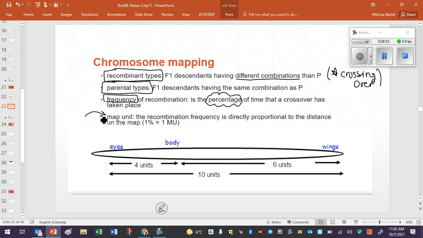Like a mole, you guys remember that in Science 10? The size of atoms is so small that to talk about one atom is silly. So we made up mole to talk about an amount that we actually want to discuss. A map unit, or MU, will be equivalent or directly proportional to the recombination frequency. In other words, 1% recombination will be equal to 1 map unit.